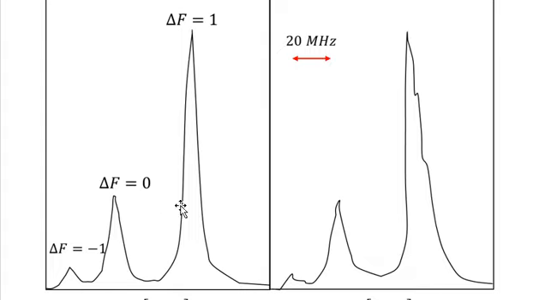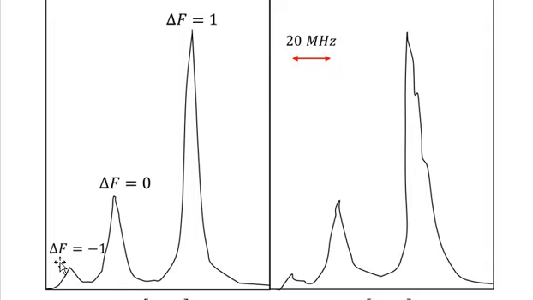In this spectra we have delta F equal to -1, delta F equal to 0, and delta F equal to 1. These are the 3 transitions, and these are the peaks corresponding to them. The transition with delta F equal to 1 gives you the highest peak, the transition with delta F equal to 0 gives a peak smaller than that, and delta F equal to -1 gives the lowest peak.